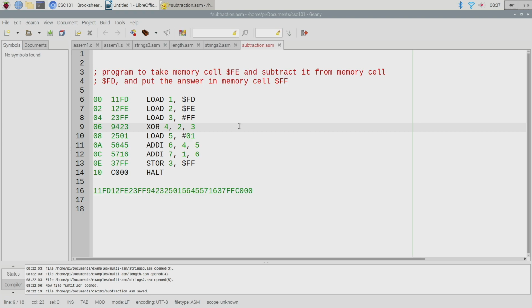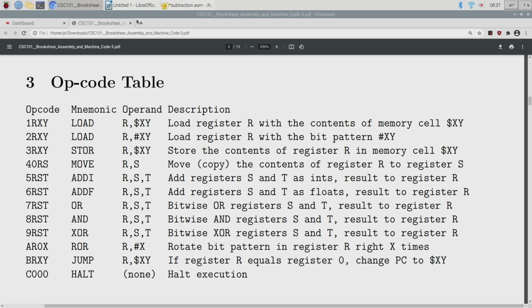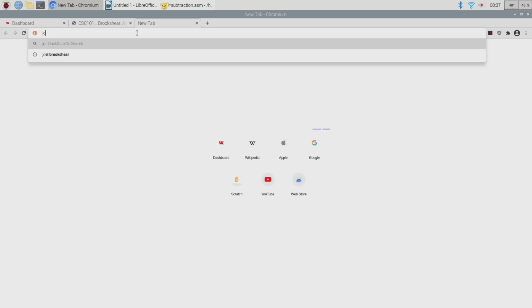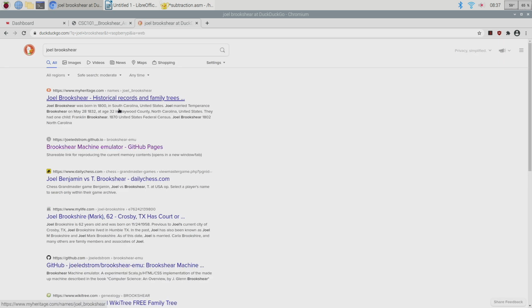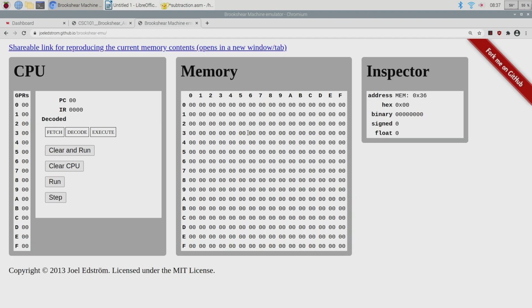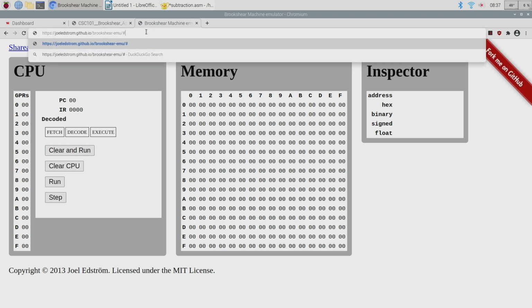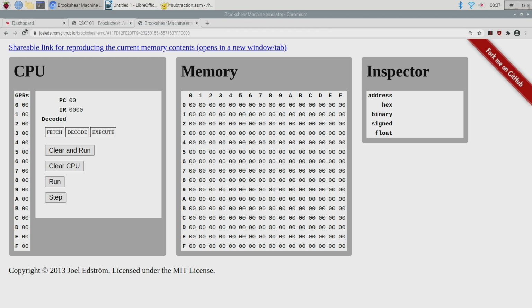The reason I did that is because if we go to our website, or Joel's emulator, and I put a pound symbol and paste in what I just had, I hit enter and then refresh the page, notice that all of the stuff I just pasted in has been loaded into memory starting with cell 00.